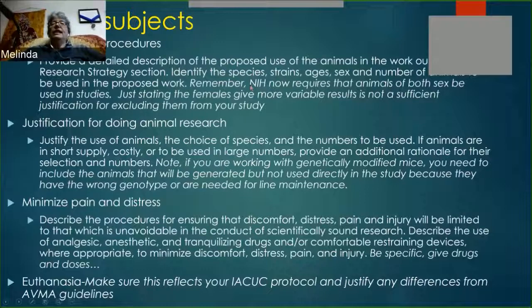NIH now requires that animals of both sexes be used in studies, and that this has to be explicitly talked about. You have to really justify your reasons for using animals in the first place. How are you minimizing pain and distress, and how are you undergoing euthanasia? Again, you do not want to be flagged by a reviewer for an animal subjects violation, and you need to put in the time and effort necessary to explain it.